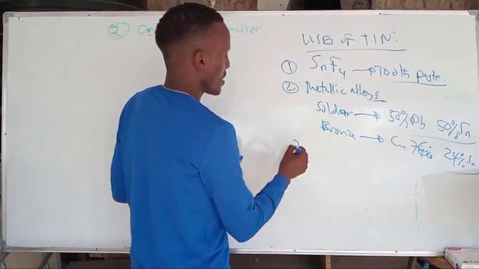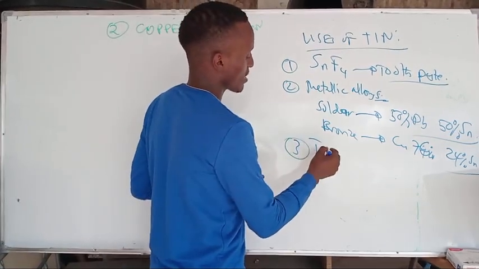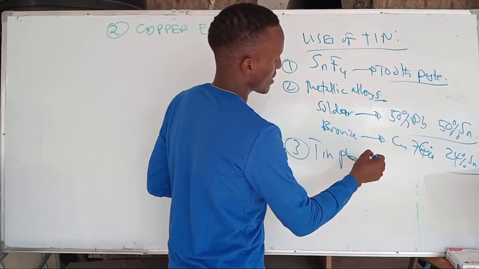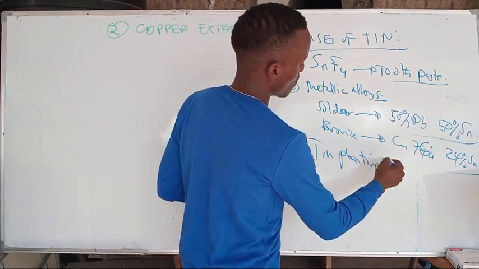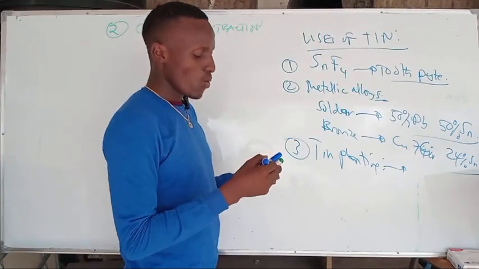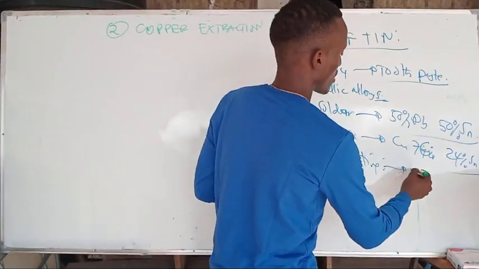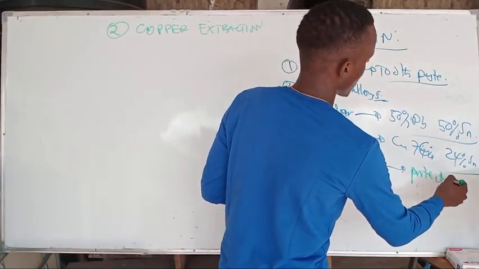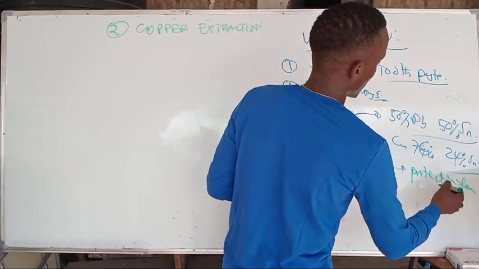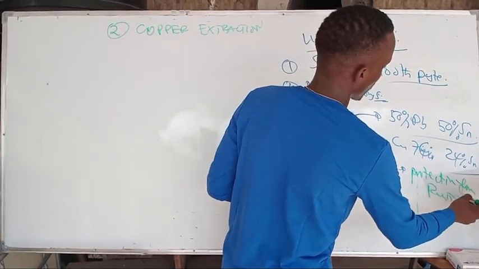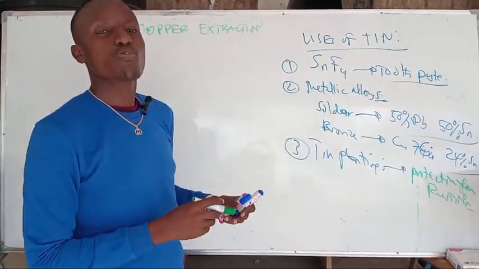So speaking about the third use, it is tin plating. So you plate the metal with tin. Why? To protect it from rusting, to protect the metal.